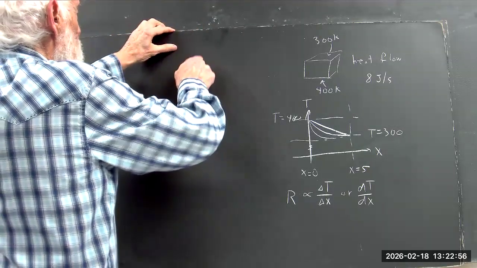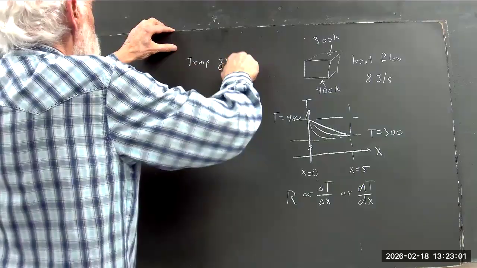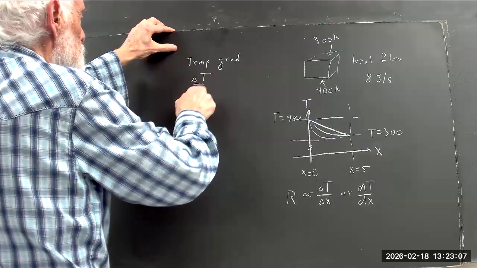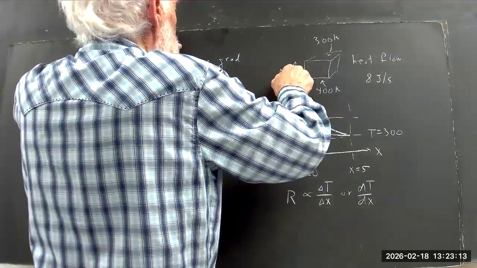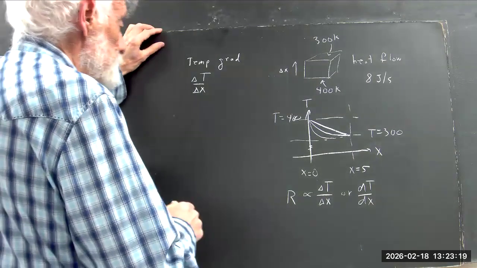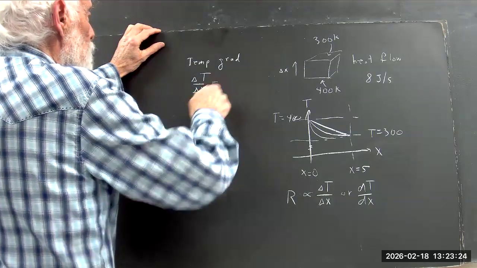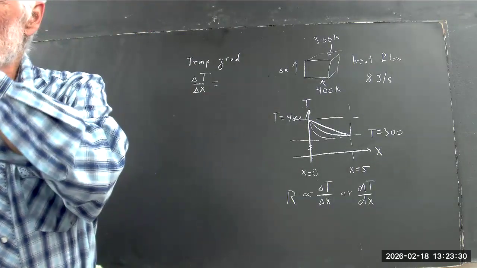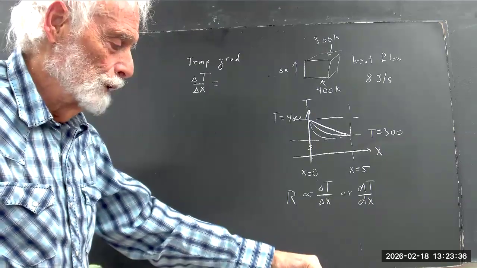Okay, so the temperature gradient. Well, delta X is your distance and the direction of heat flow. I measured the stack and then I put one of these next to the stack this way and one this way.